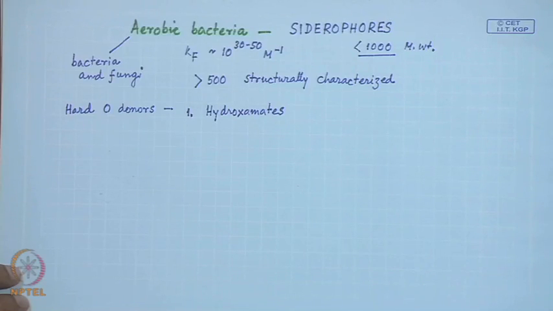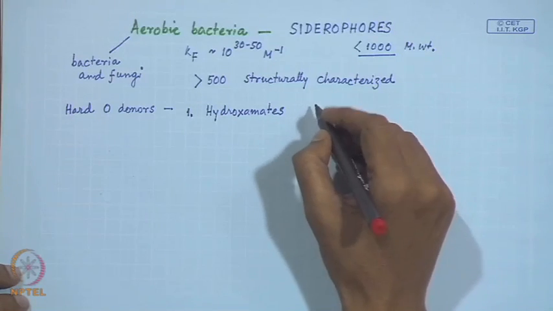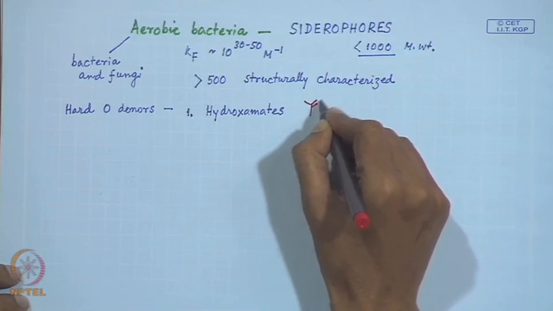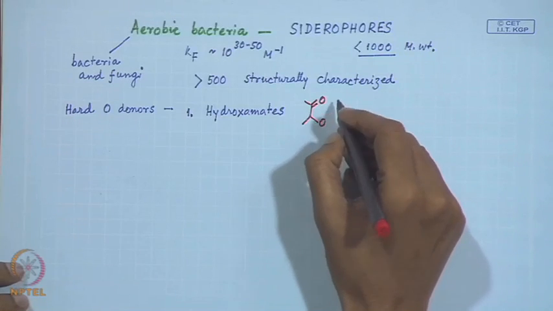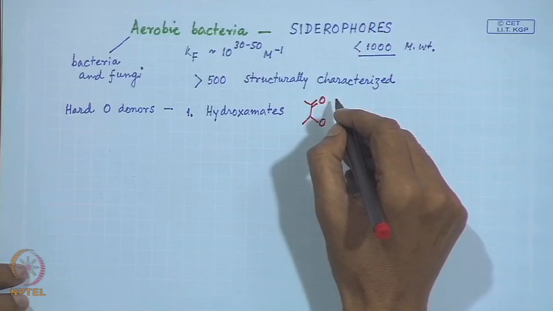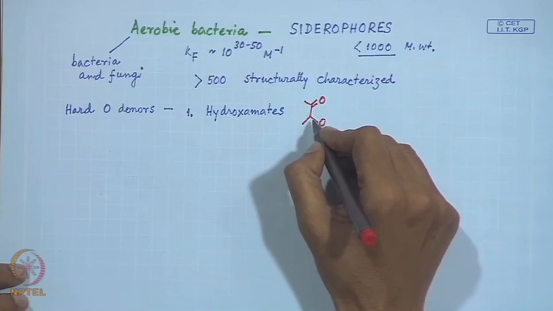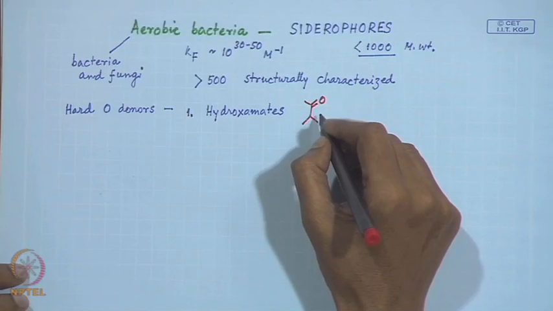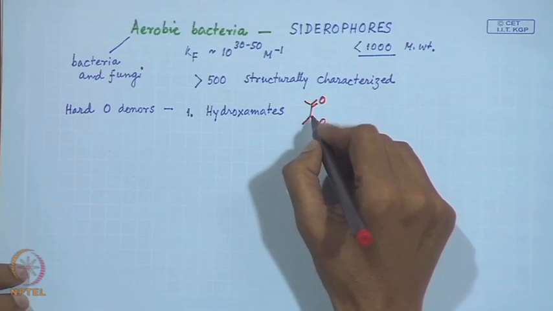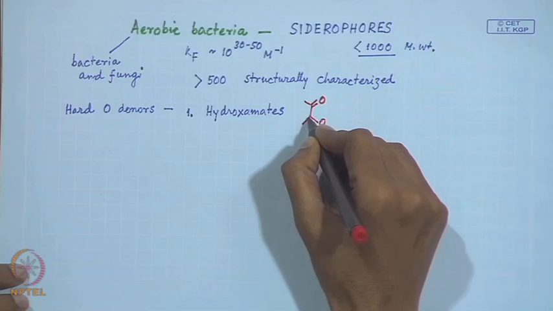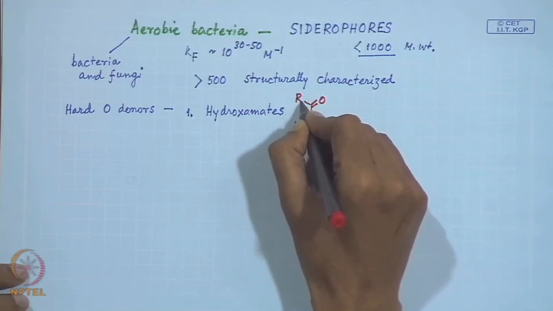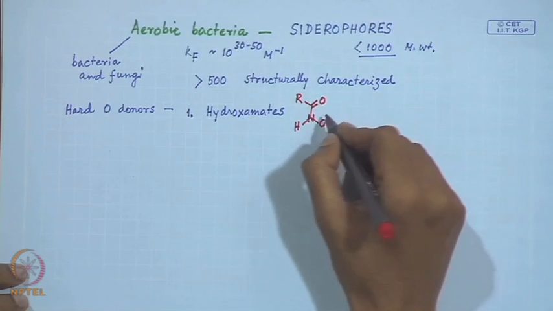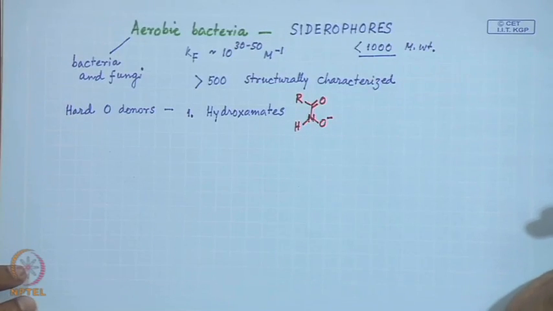They are hydroxamates, and hydroxamates are CONH-OH, from hydroxamic acid.